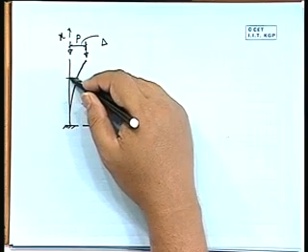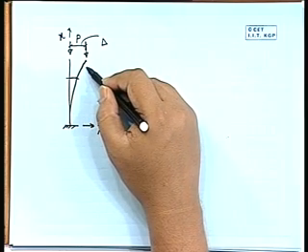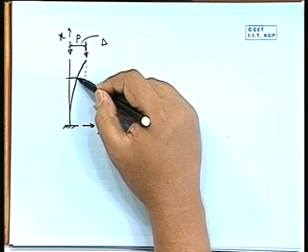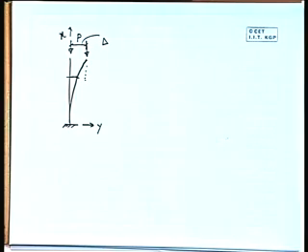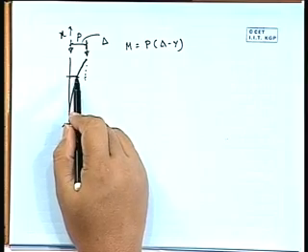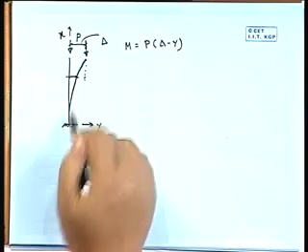Say this is x, so this value will be y. So the moment will not be P into y, here P into that distance will be the moment. So it will be P into delta minus y. So here to here it is delta, this is y, so this part will be delta minus y. So P into delta minus y, that part will be the moment here.